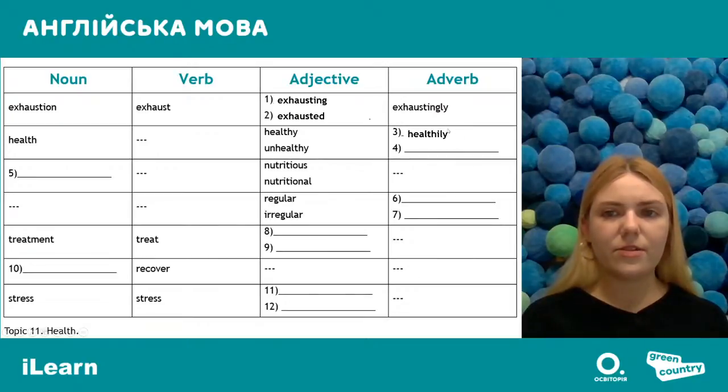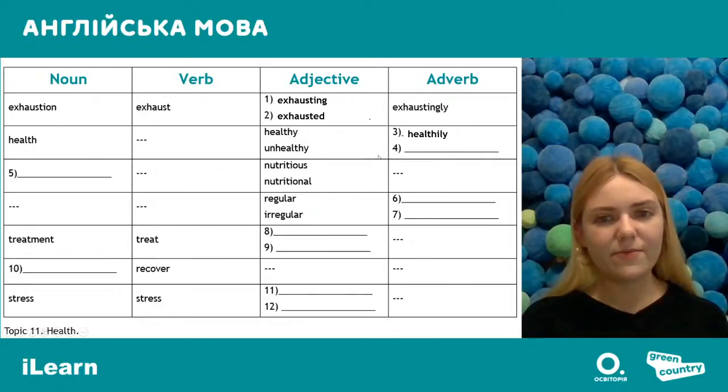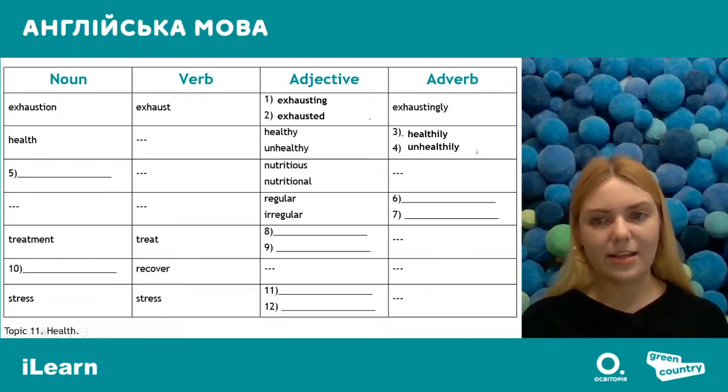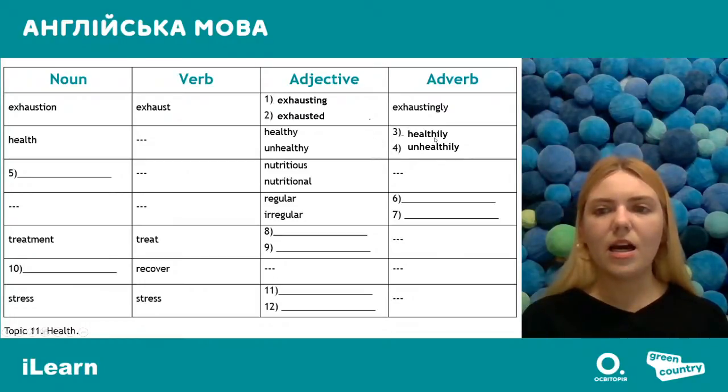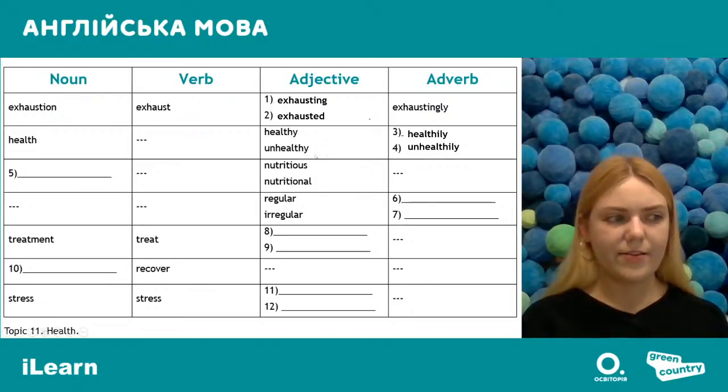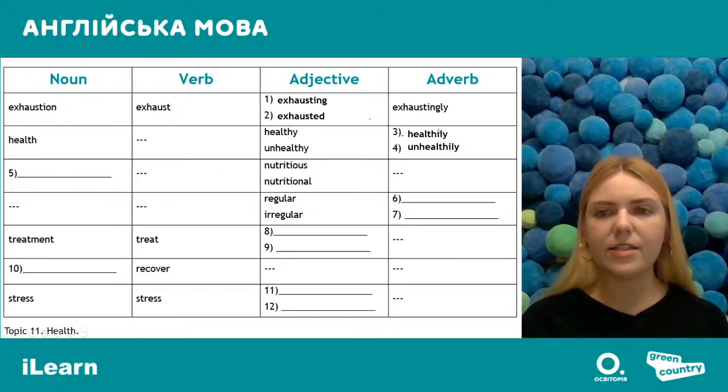Yes, of course. So adverb that is healthily or unhealthily. Also, be careful with the spelling. So healthy, unhealthy, you can see Y in the end, but when we add ly, when we make an adverb, we change Y into I. So it will be healthily, unhealthily with I-L-Y.